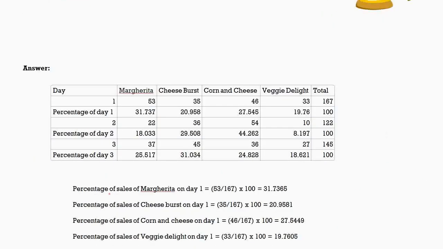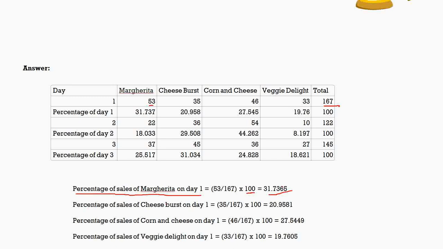Over here, the percentage of sales of margherita on day 1 is, we take this 53 divided by the total and multiply it by 100. So we get 31.737. We round it off to 3 decimal places.